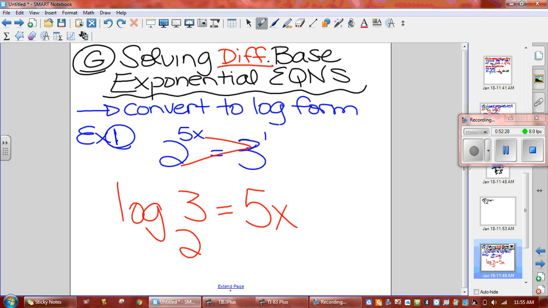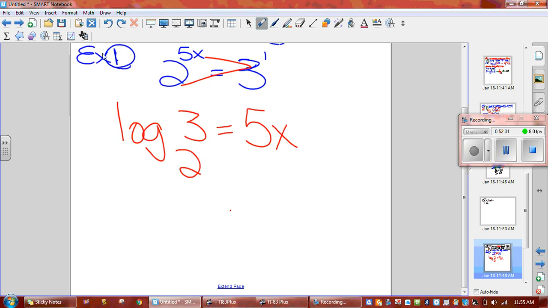So we get to our log form. So we convert to logs. Now we solve the left-hand side, and then we divide the 5 out. Or we can divide the 5 out like this. Divide the whole thing here by 5. So you would solve the complete left-hand side first, then hit enter, then divide by 5.